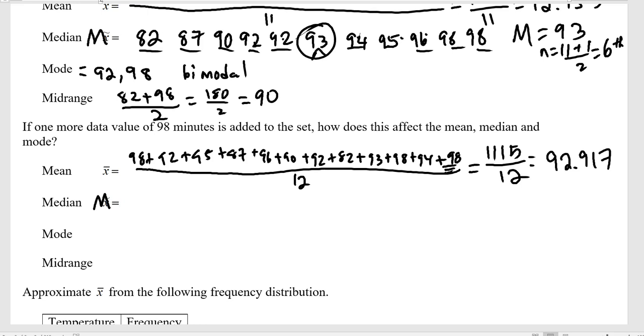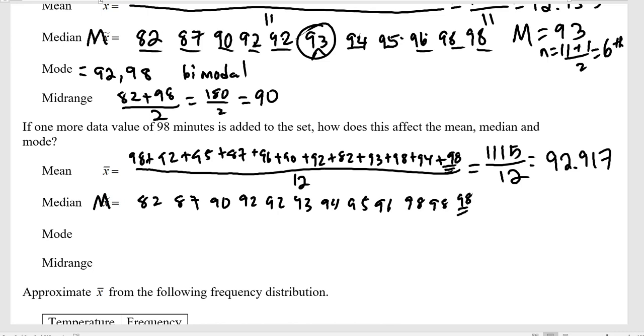What if we add that to the median? Well, now we have 82, 87, 90, 92, 92, 93, 94, 95, 96, 98, 98, and we added a 98. Well, what does that do when there are 12 numbers?